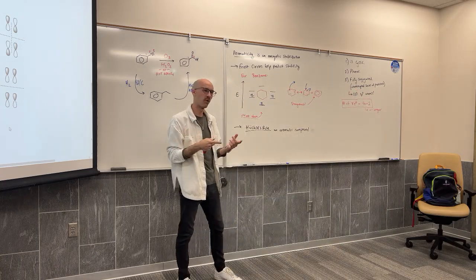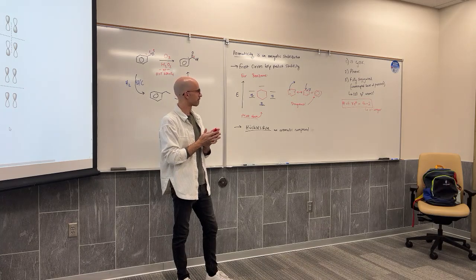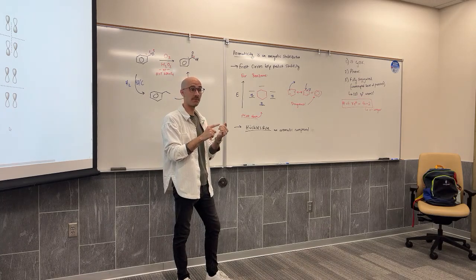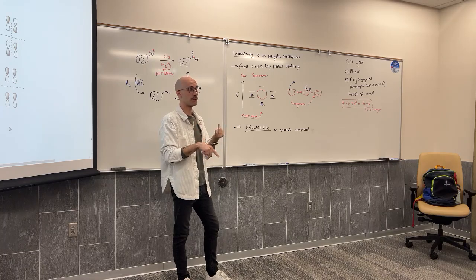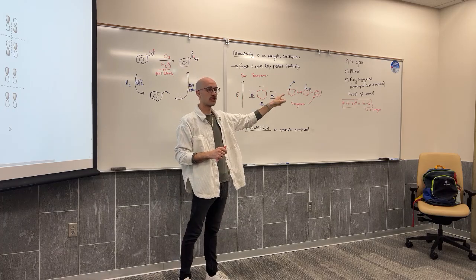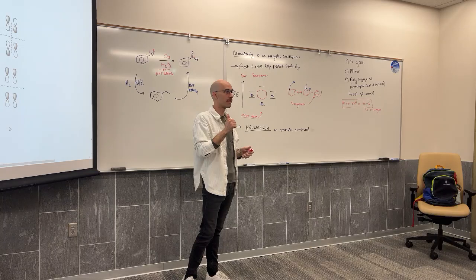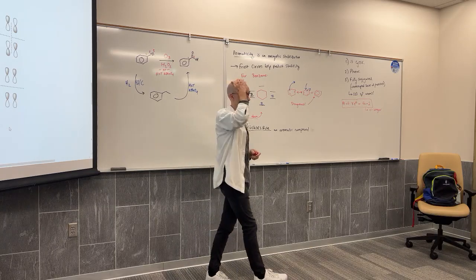Is that redundant, whole number integer? I always forget. I think it's redundant. That means n can be 0, n can be 1, n can be 2, n can be 3. And if the number of pi electrons solves this equation with any number n, then that compound is aromatic.